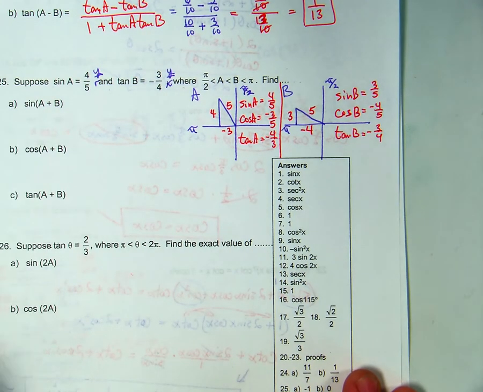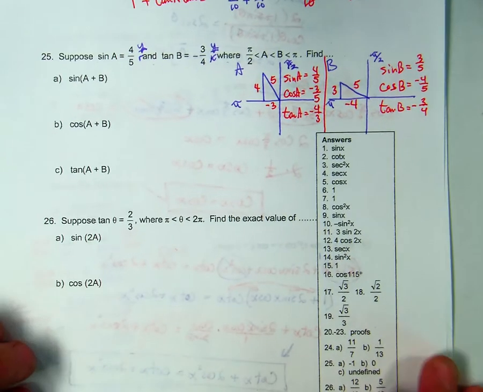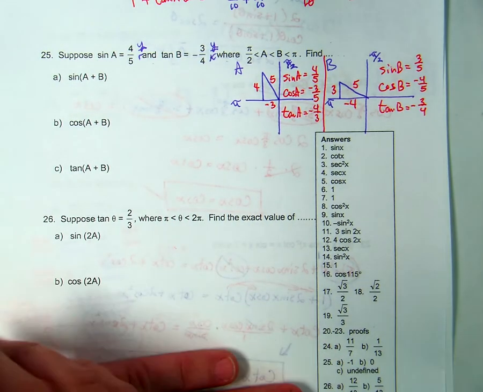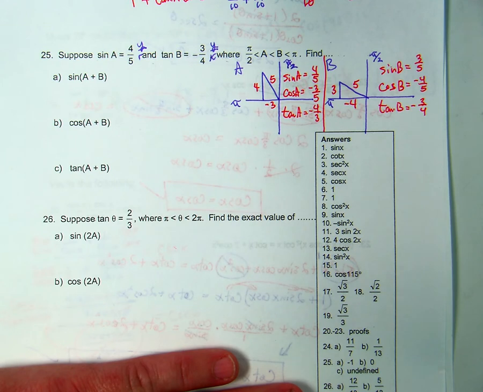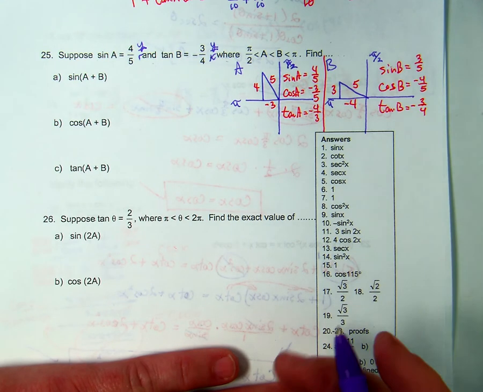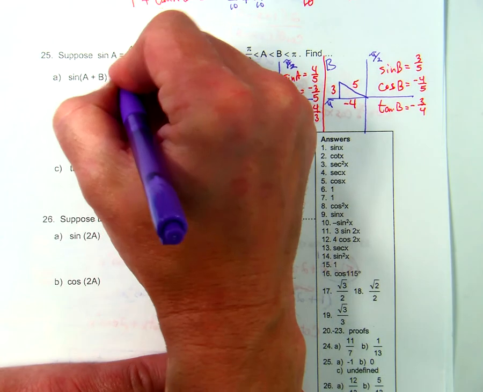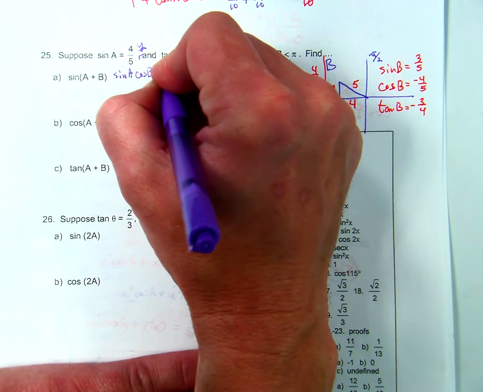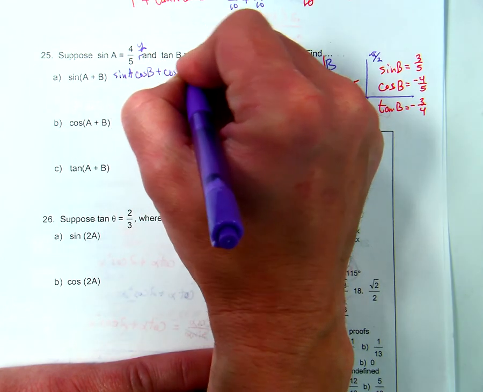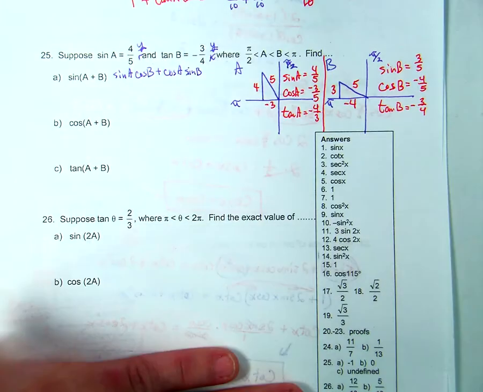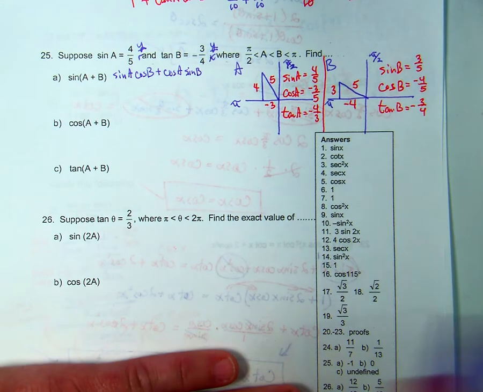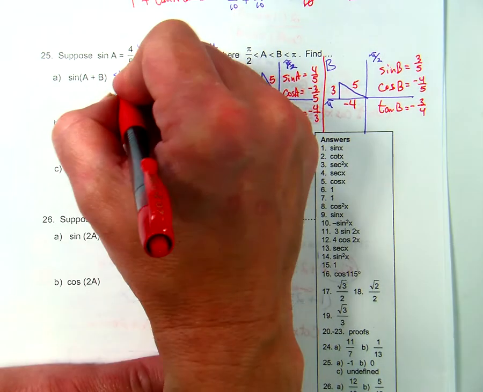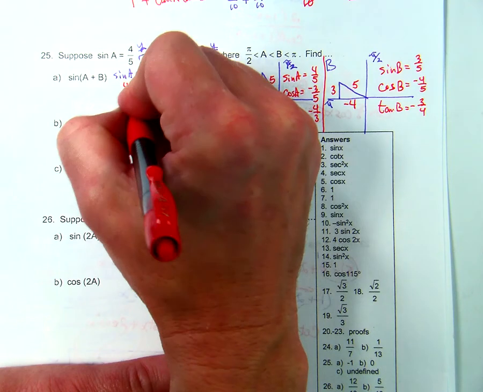Let's go to work doing just that. So sine of A plus B is the sum identity here for sine. So this is going to be sine A cosine B plus cosine A sine B. Right? That's what we're looking for. And so let's just plug in the values. We know that sine A is 4 over 5.